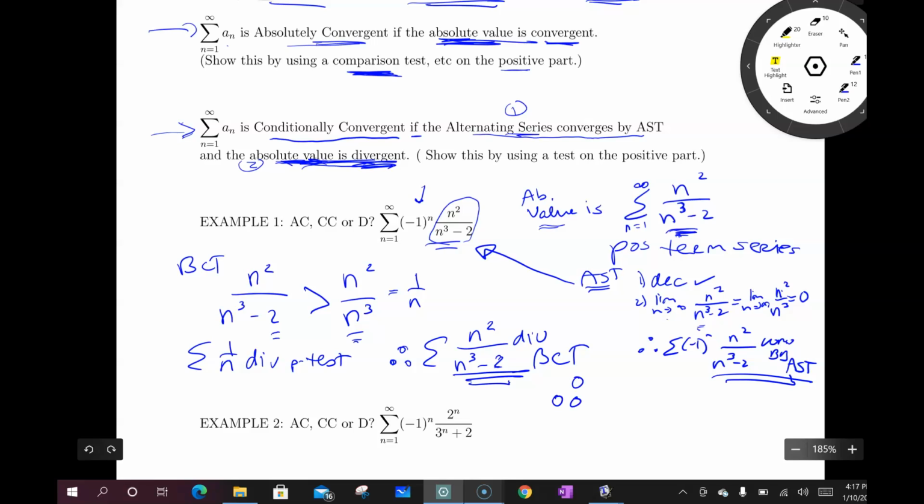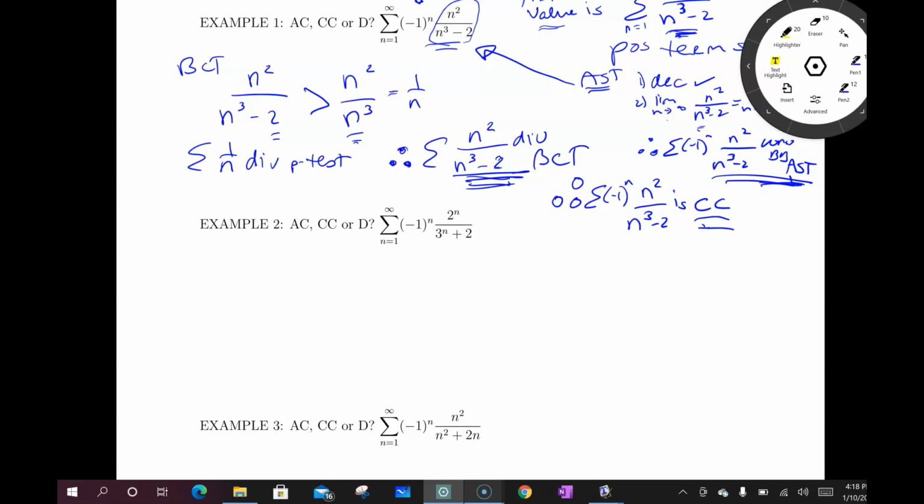So then I can just put the big therefore. I'm just going to put little filled-in dots for the smaller steps. My big therefore is that the original series is CC. You have to give test names as you're going through on these two, but you don't need to put test names when you're finishing here with the CC.